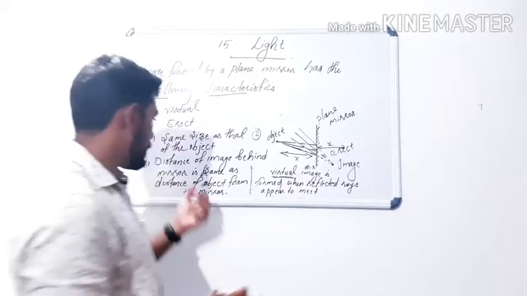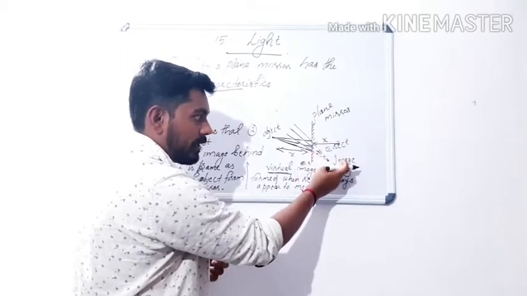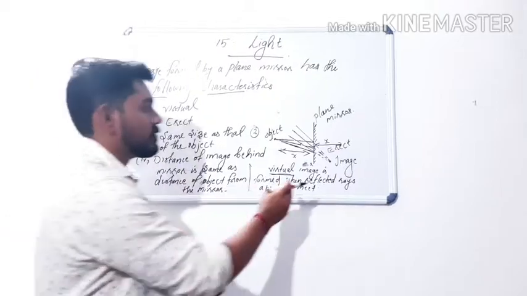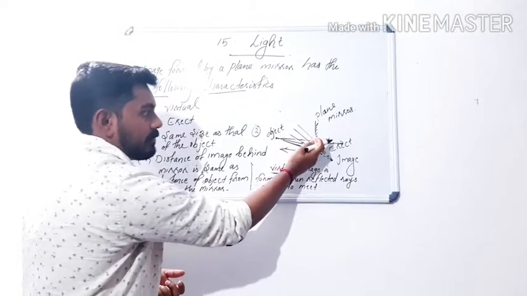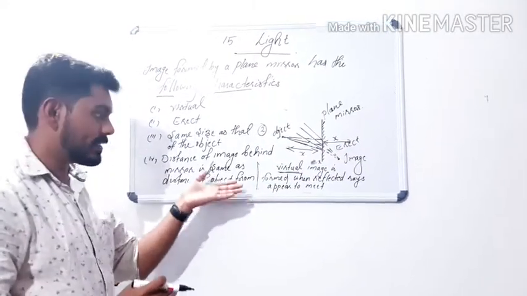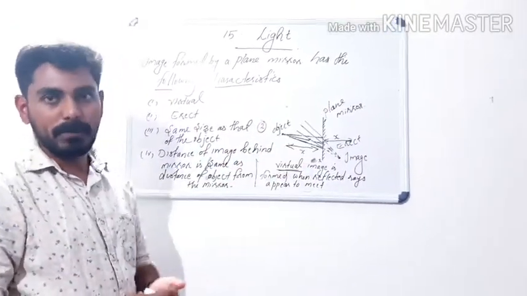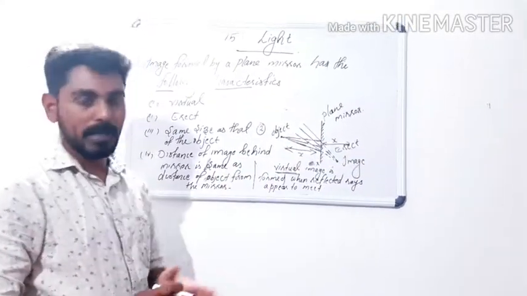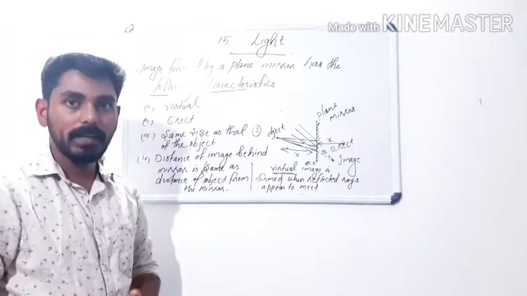The image is formed behind the mirror, and this distance and this distance are always the same in the image formed by a plane mirror. Object and image are at the same distance from the mirror. So these are the characters of the image formed by a plane mirror.